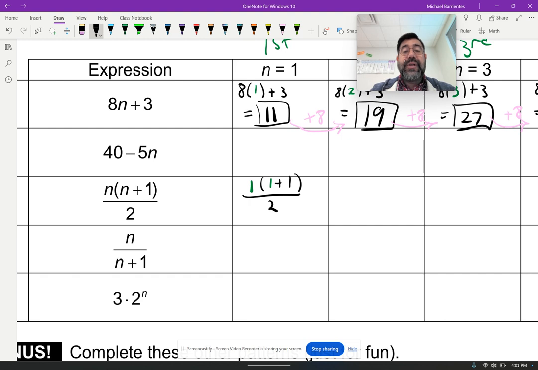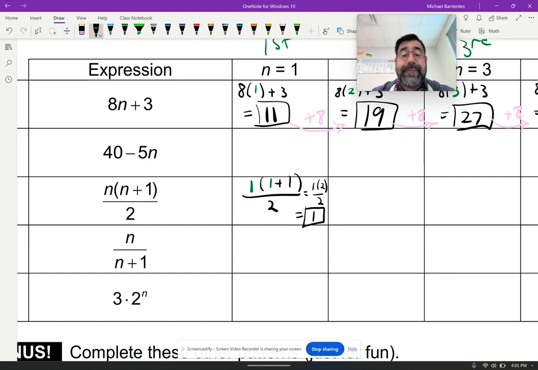So n equals 1 because it's the first term, and then you're going to multiply by 1 more than that and divide it by 2. So really, this is 1 times 2 divided by 2, and I believe that's just 1. You can plop it into the calculator and figure that out. That's fine.